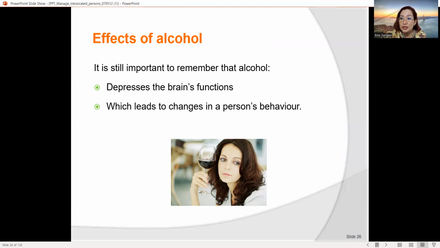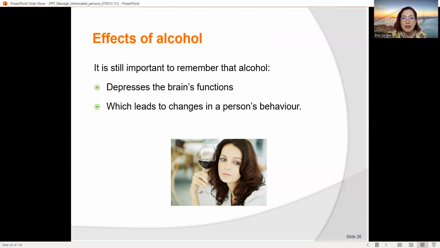It depresses the brain's function. Just imagine, it can affect the brain's function. And second, it leads to changes in a person's behavior, because it depresses the brain function. So if you're doing it always, how many brain cells decrease? Maybe some of the brain cells will be numb, right?